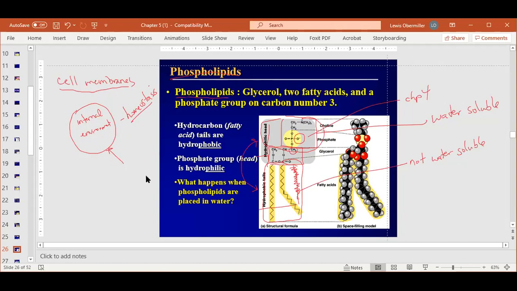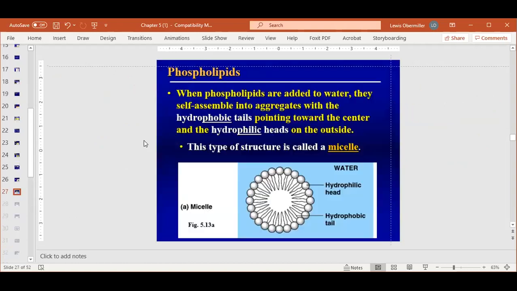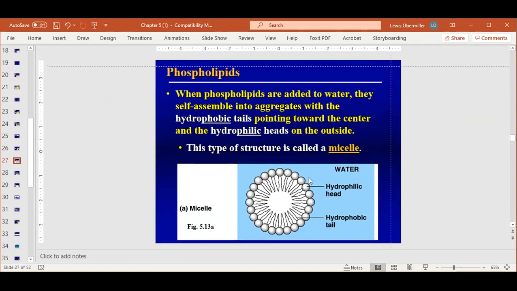And this is why. So phospholipids, and this is just an artist drawing. So this is the water-loving head, and these are the fatty acid tails. So when you put these things in water, they always line up this way. So the heads, they're hydrophilic, so they're always going to line up towards water.